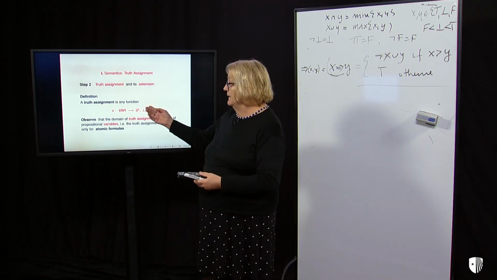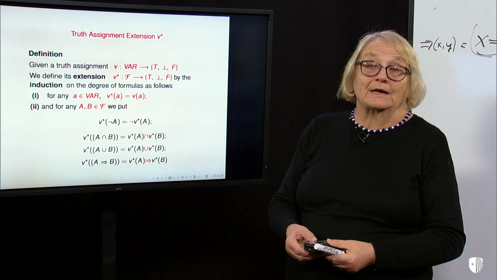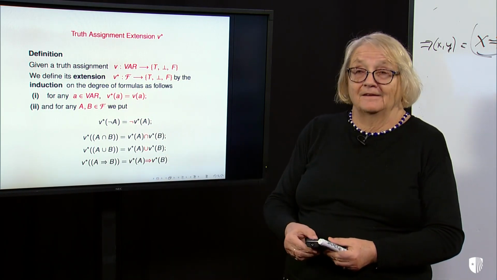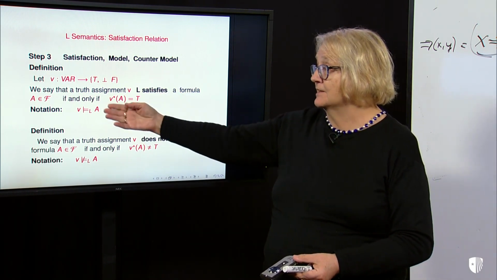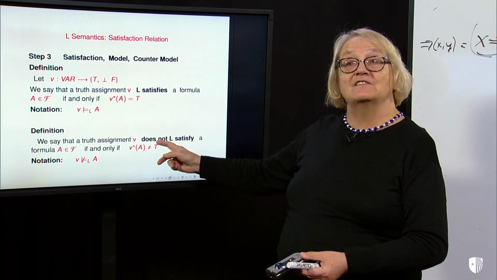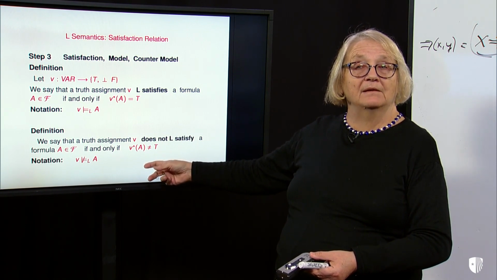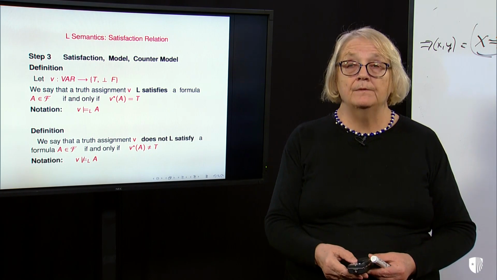Your truth assignment now would be in 3 values, and then you do the extension exactly the same. And satisfaction is exactly the same: satisfy if it's T, and does not satisfy if not equal to T. That's why we wrote it that way from the beginning, because now not equal to T can be false or unknown.